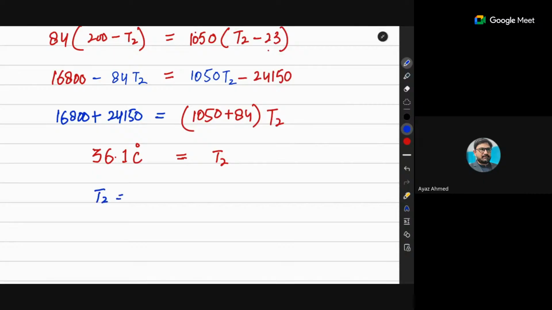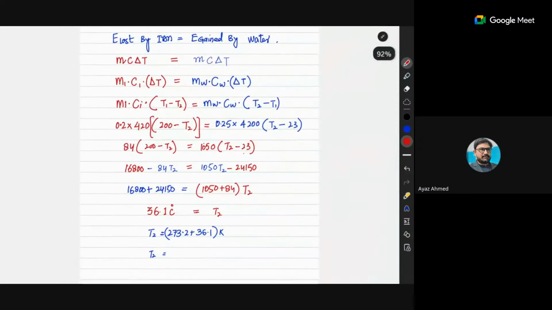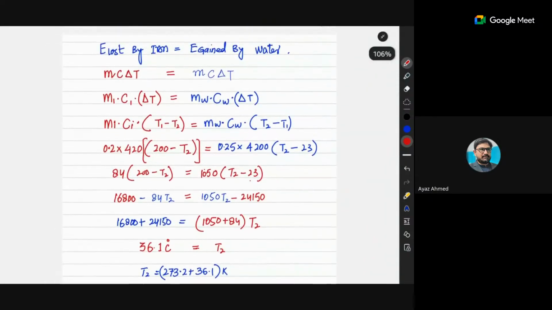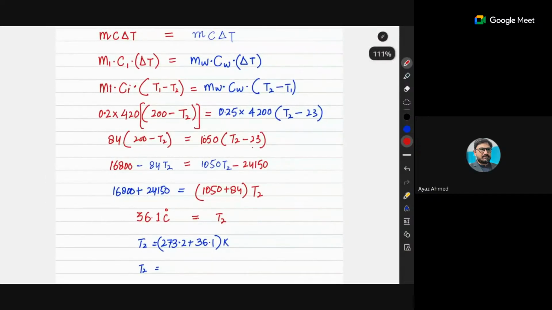So your temperature 2 is 273.2 plus 36.1. Tell me in Kelvin. 9860. No, no, do 273.2 plus 36.1.